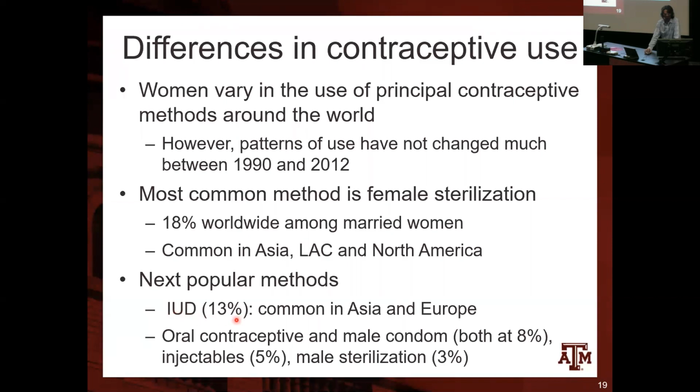Intrauterine device, 13%, is common in Asia and Europe. Oral contraceptive and male condom, both around 8%. Injectables, 5%, and male sterilization, 3%. So these are the most common: female sterilization, followed by IUD, oral contraceptive, and male condom. Okay?